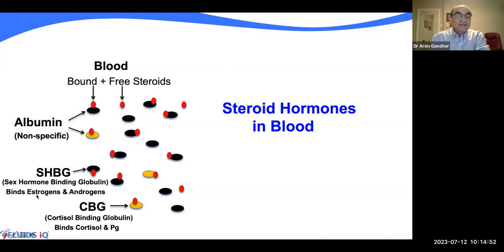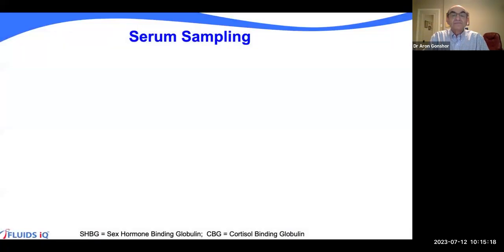And you have the sex hormones, which are specifically estrogen and androgens, which are bound up with what's called the sex hormone binding globulin, the SHBG. And then, of course, there's another one. There's the CBG, which is the cortisol binding globulin, and it's also used for progesterone. So you need to remember that in blood, you're picking up both the free and the bound steroids.